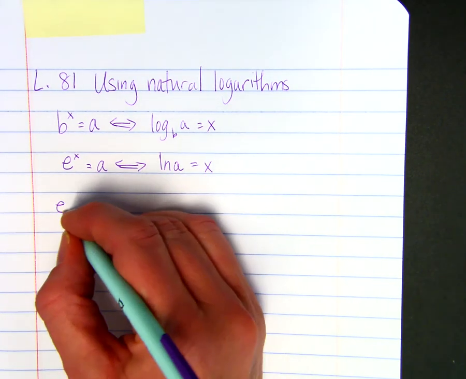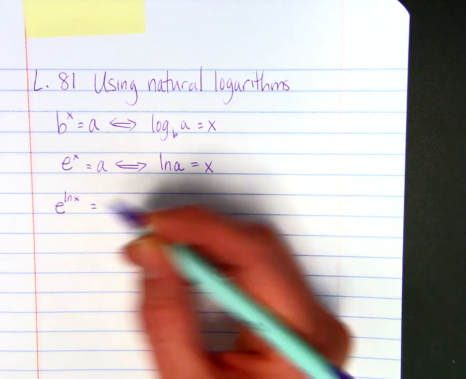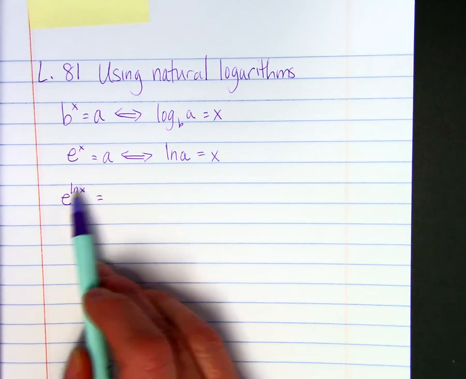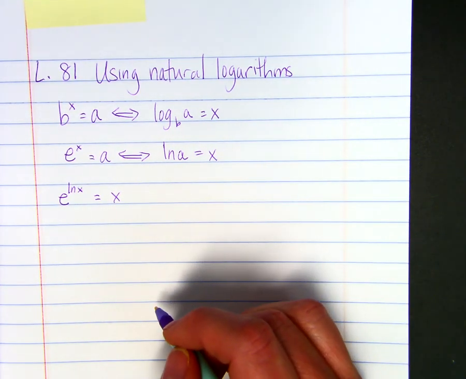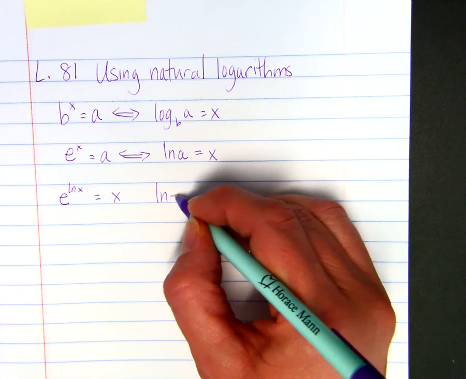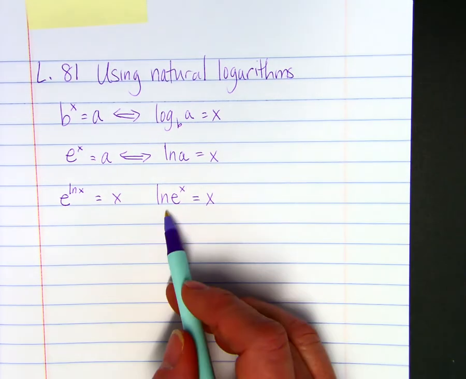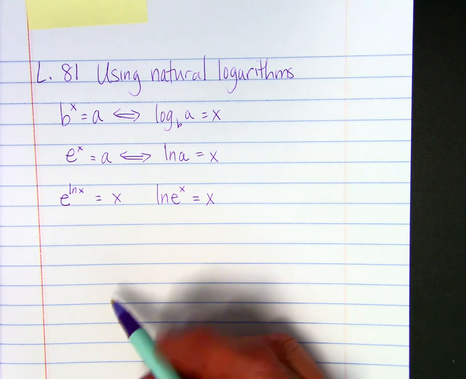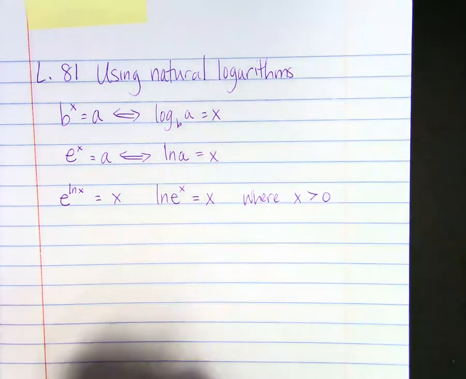So if you had e to the natural log of x, because the base is equal to the base in the log, it's just equal to x. So it follows that same rule. The natural log of e to the x just equals x because the base is the same. And this is true where x is greater than 0.